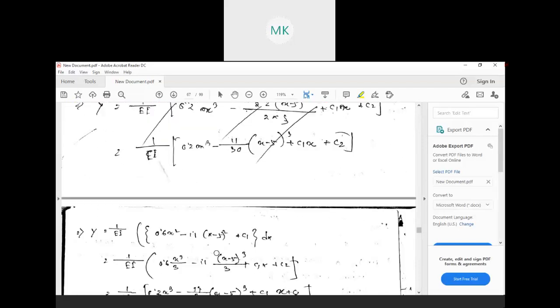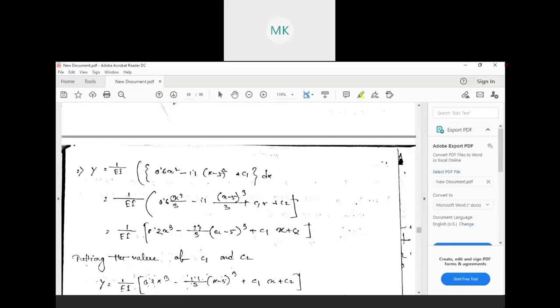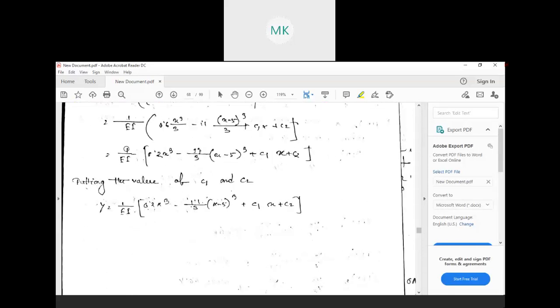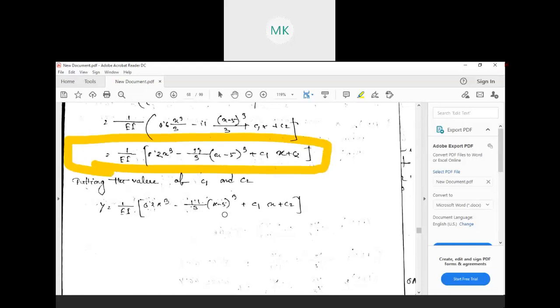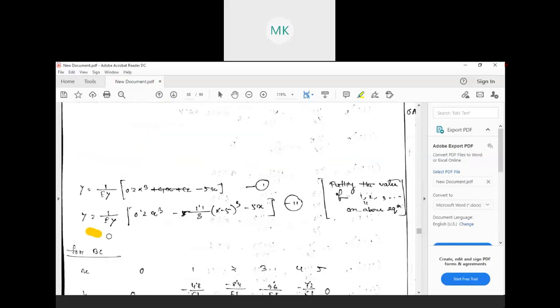These things are given step by step in the notes also, so you go through this. Finally we will get an equation. Here you put the values of c1 and c2. No need to find c1 and c2 again, which we have already got. You can use those values directly here, because c1 and c2 are constants. If you solve again, you will come to the same value. Just put the values and you finally get an equation something like this.